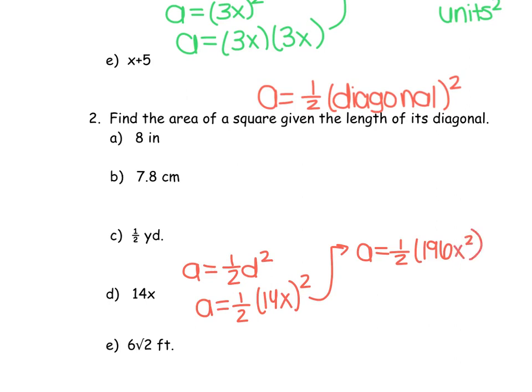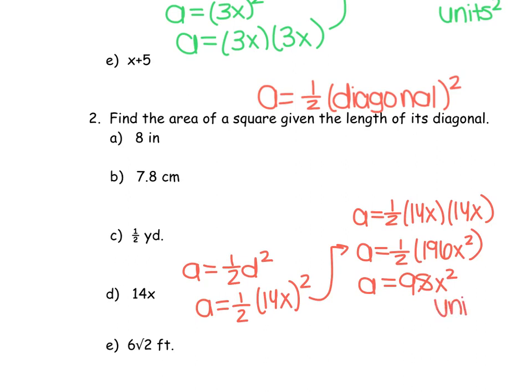If you want, you can write it out the long way: 1/2 times 14x times 14x. If that helps, you could do it that way. Half of 196 is going to be 98. And again, since we don't have units, we just simply write units squared there.